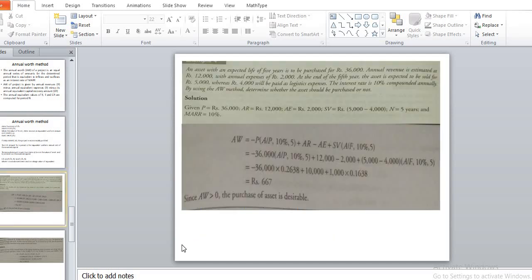Now we go through some examples based on the annual worth method.